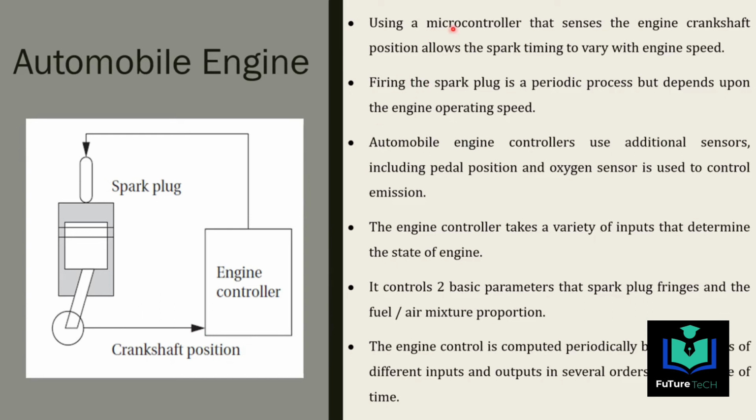Okay, so this is the microcontroller that senses the engine crankshaft position and allows the spark timing to vary with engine speed. So with the help of this engine microcontroller, the crankshaft position is being checked at every instant of time.